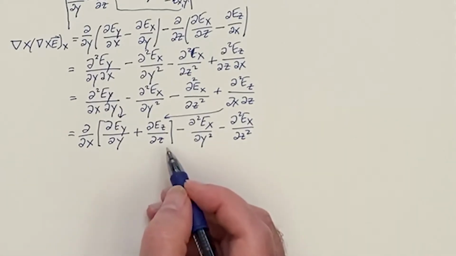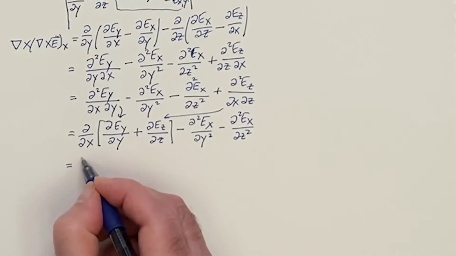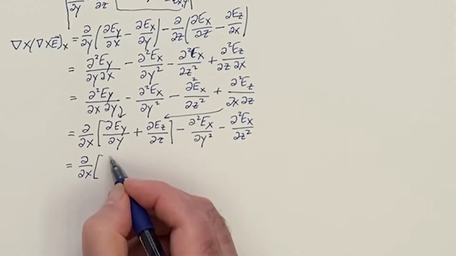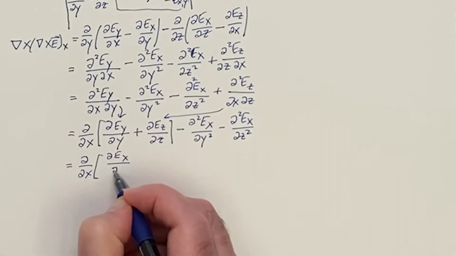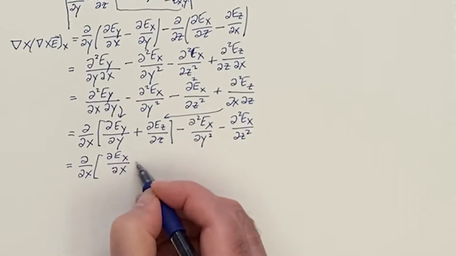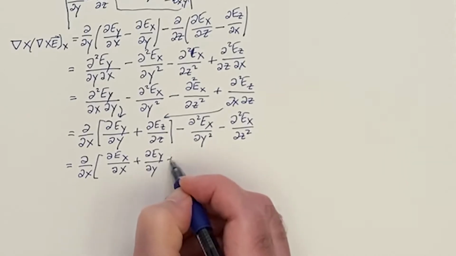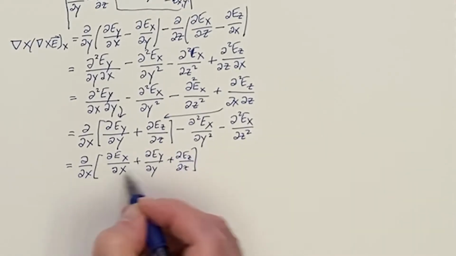So by playing around and getting this far, we can see that the next step is we're going to add and subtract the third one. So here is the x one. We have a y and a z, so we're going to put an x1 in there like this. And then we have to subtract.